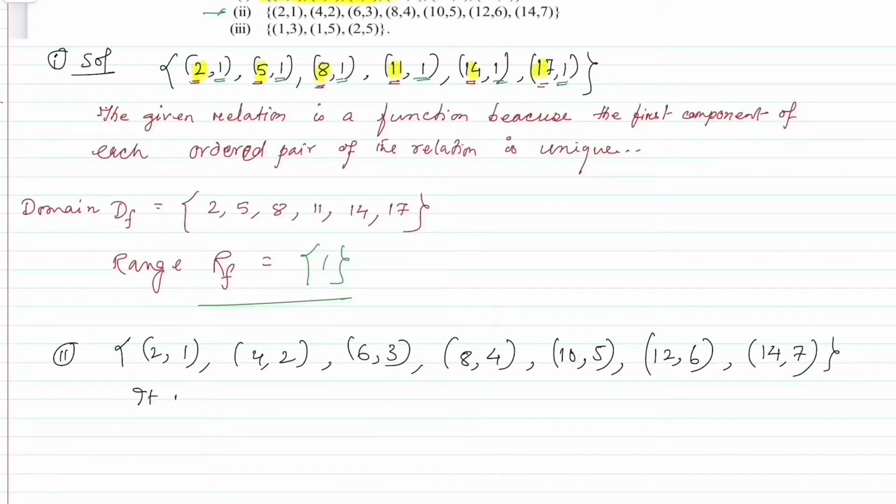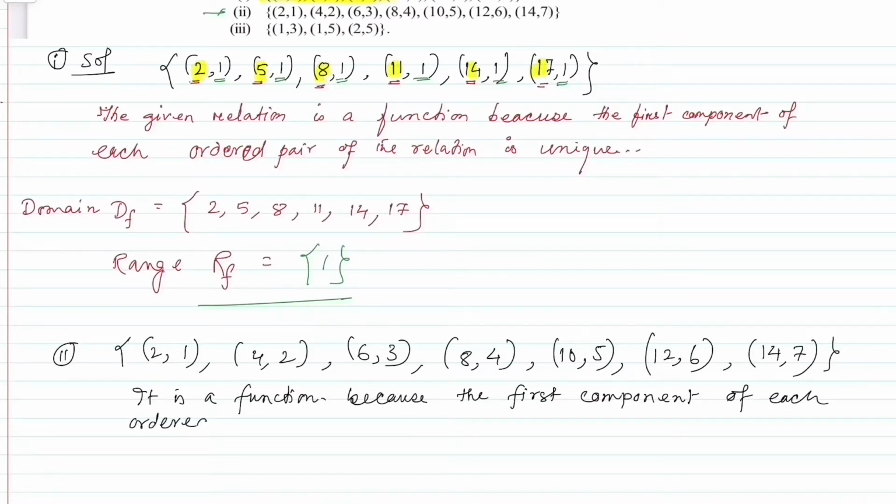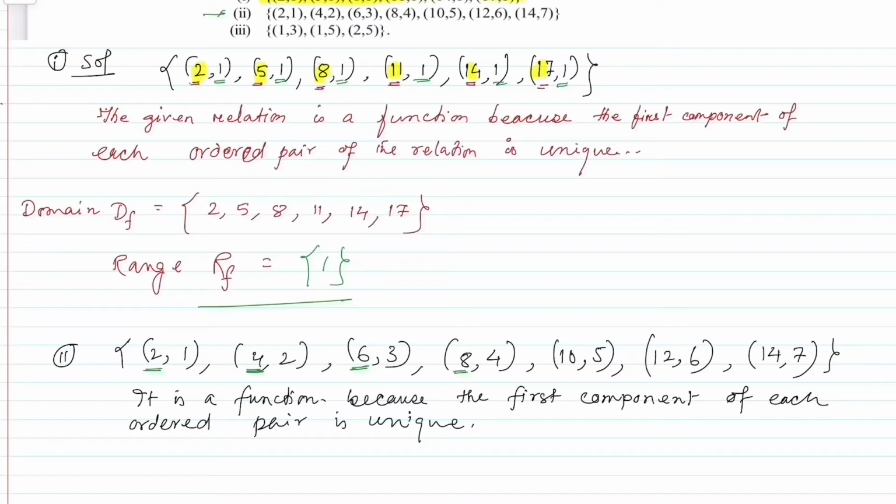So it is a function because the first component of each ordered pair is unique. No two ordered pairs here have the same first components, so that's why it must be a function.